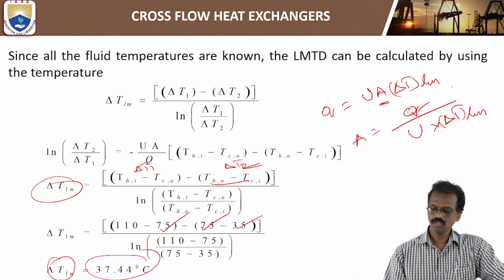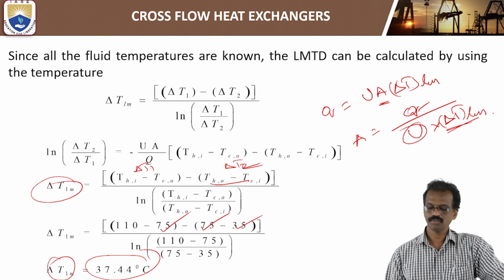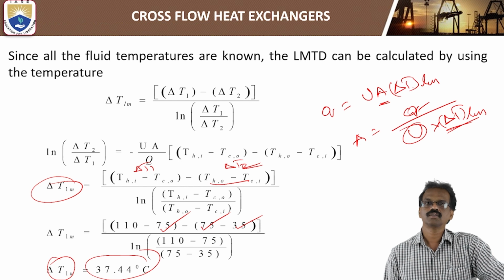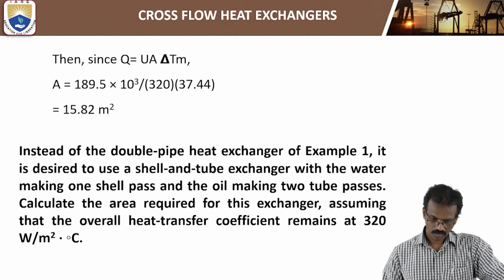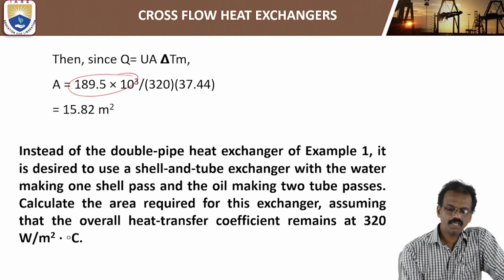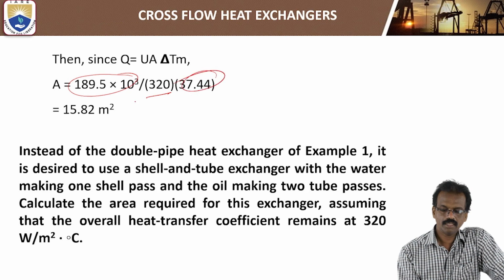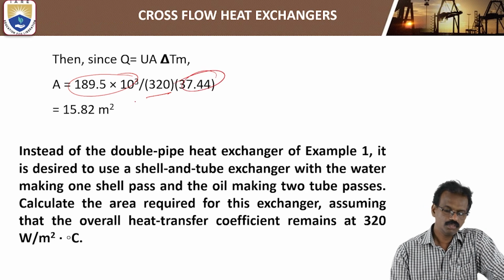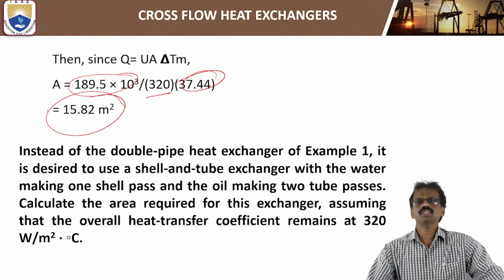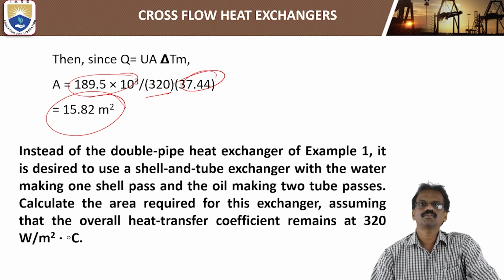You know the value of Q and you know the value of U because it was given, and the value of delta TLM, because we already solved that one. So the area is equal to Q by U into delta TLM. So this is the area. This is that simple LMTD method for the counter flow.